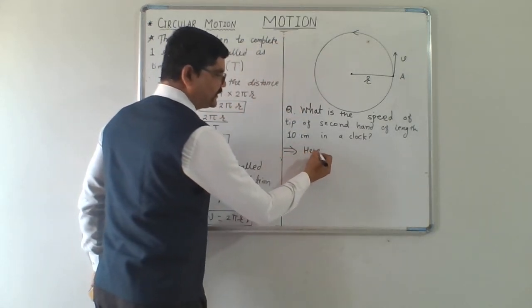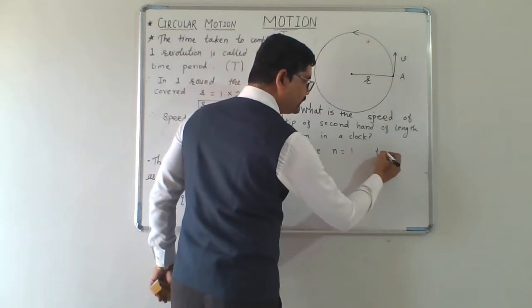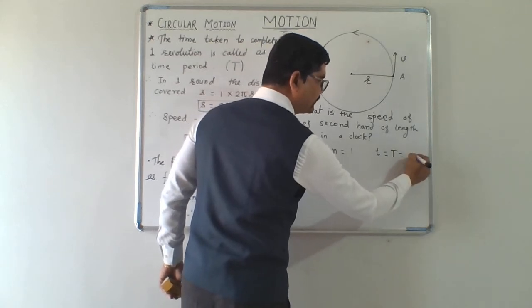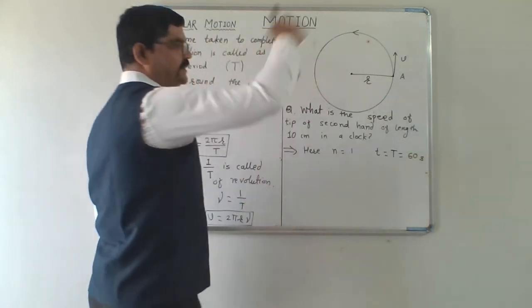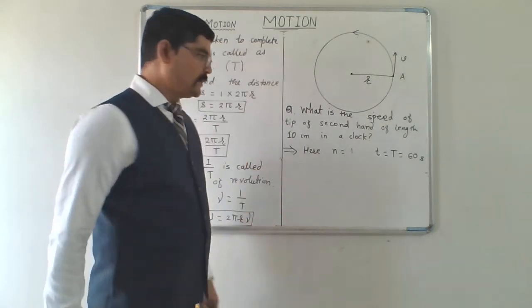Let us solve this. Here N equals 1, so T is equal to 60 seconds, because the second hand will complete one round in 60 seconds only.